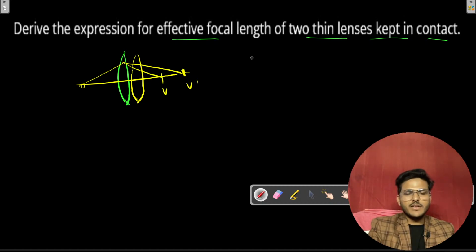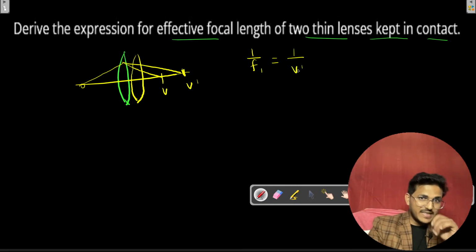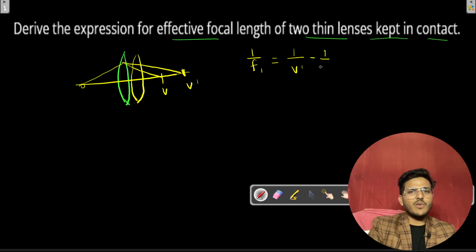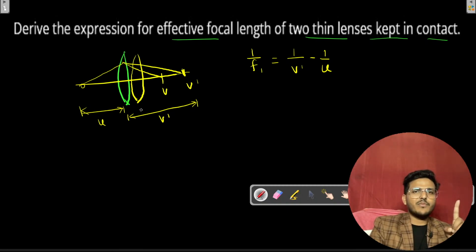So 1 upon F1 equals 1 upon V dash minus 1 upon U. U is the distance of the object and V dash is the image by the first lens.